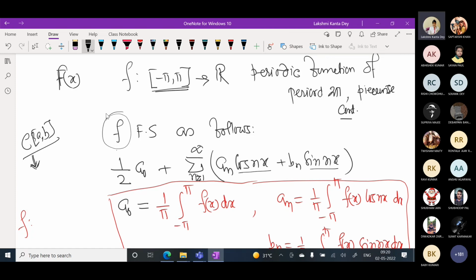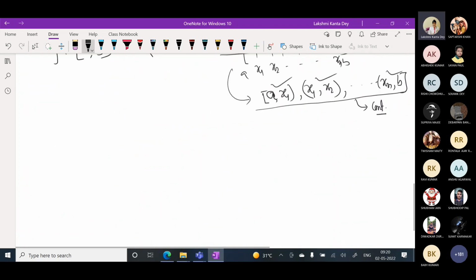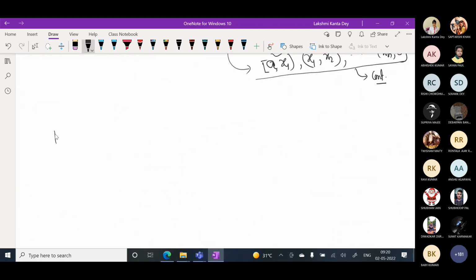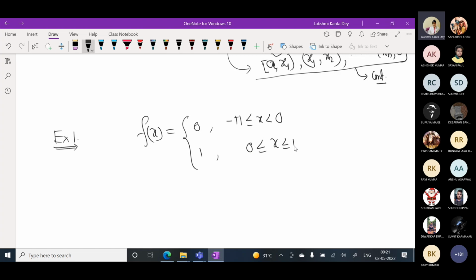Okay, so let us first solve some exercise in this respect. If I take a very simple function like f(x) equal to 0 whenever minus pi less or equal to x less than 0, and it is 1 whenever 0 less or equal to x less or equal to pi.